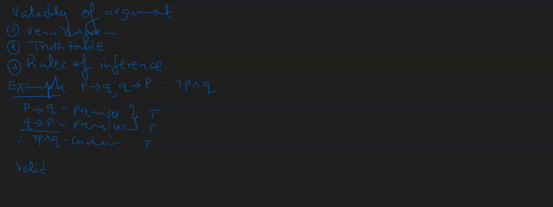Now, if we use a truth table, we need to draw the truth table for the premises and of course for the conclusion. I have repeated not P so that we can be able to get the last column, not P and Q.